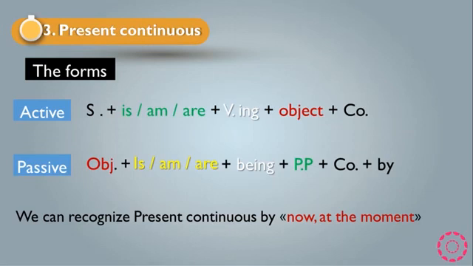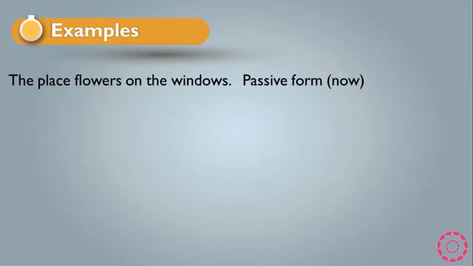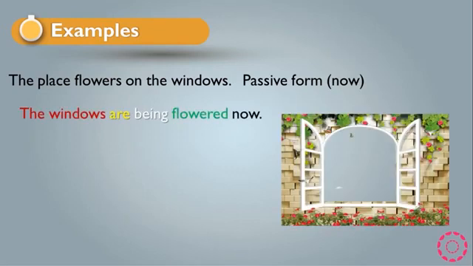If there is now or at the moment in the sentence, we know that it is present continuous. For example, they are placing flowers on the windows now. Passive form: so it became like that: The windows are being flowered now.